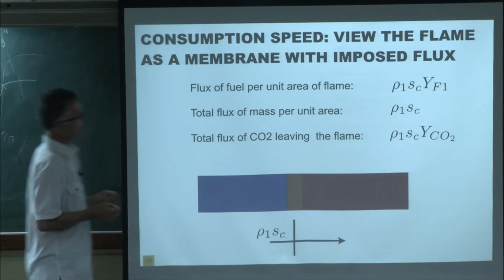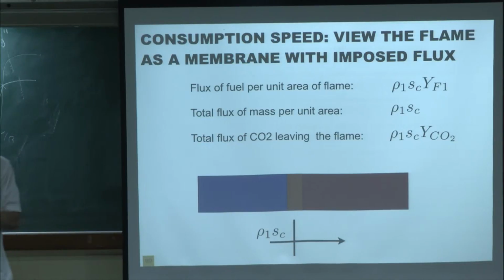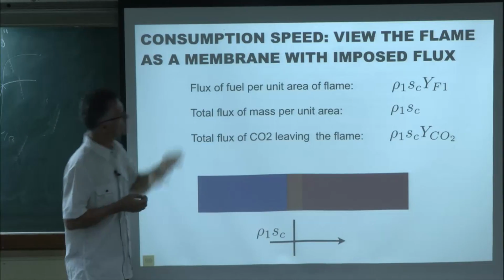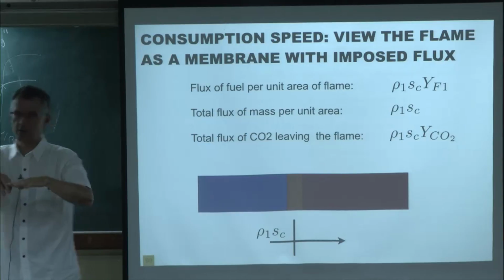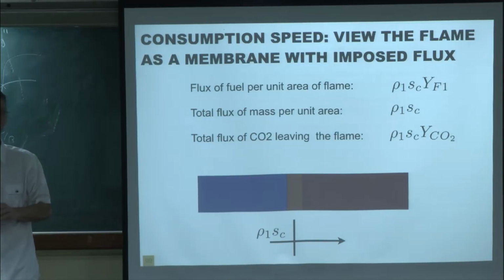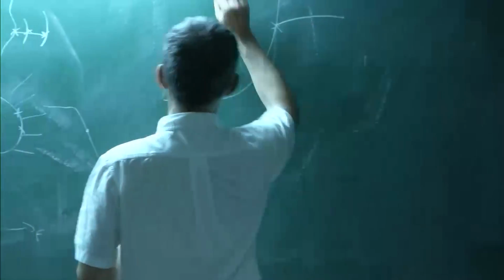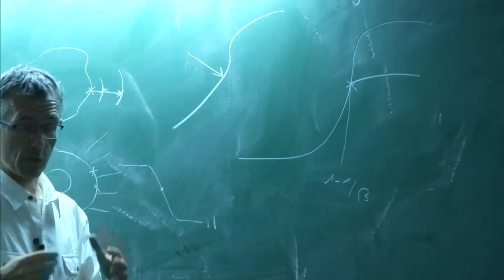Now, you can actually view the consumption speed as a very useful concept here, which is to say a flame is like a membrane, and the flux through this membrane is controlled by the consumption speed. So you imagine if you have a flame somewhere, you can say that it's not a zero flux, okay?